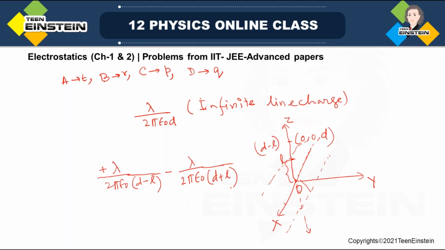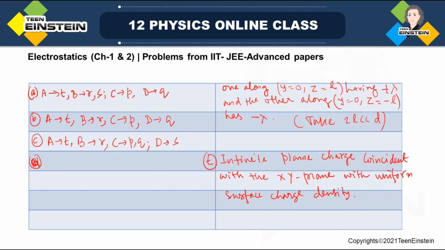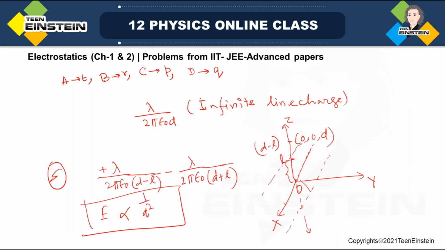So if you solve it, the electric field will somehow come like 1 over d square only. So for this case also, option S comes like 1 over d square. That means C matches with both P and S.